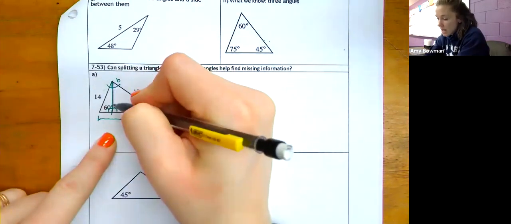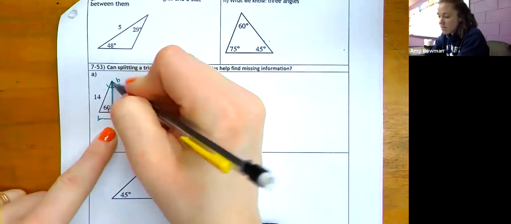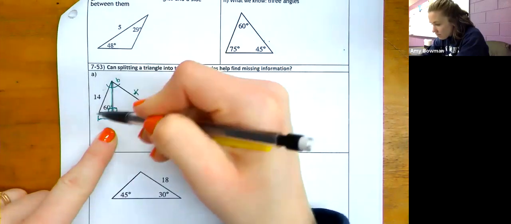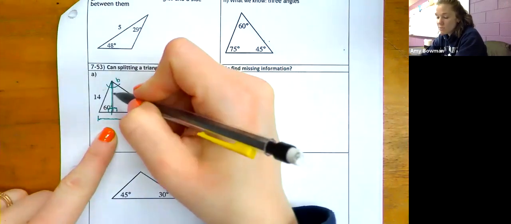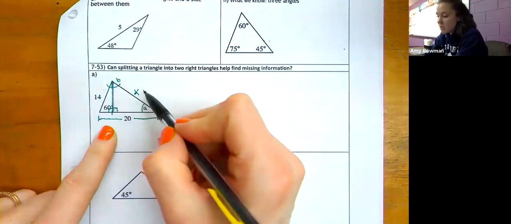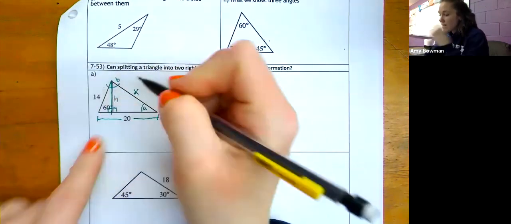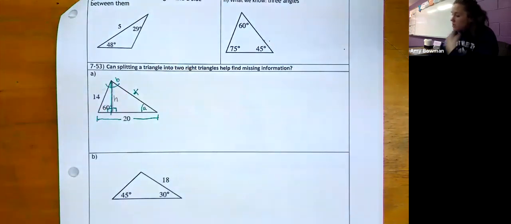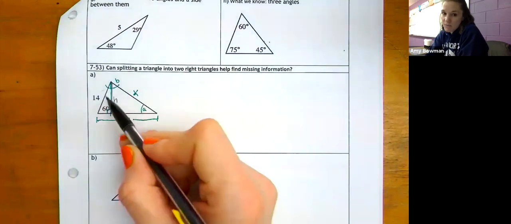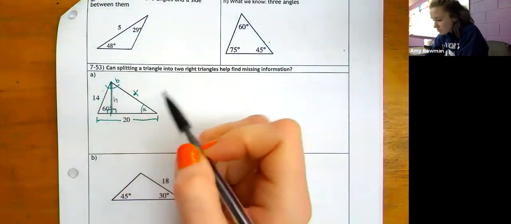The first thing is that I have 2 right triangles now, and I have this new side that's right here formed on the side of both of my right triangles. And that's going to be my connecting piece of information to help find this missing piece here. So this is H. If I can find the height of this triangle, then I can find the value of the hypotenuse of this right triangle.